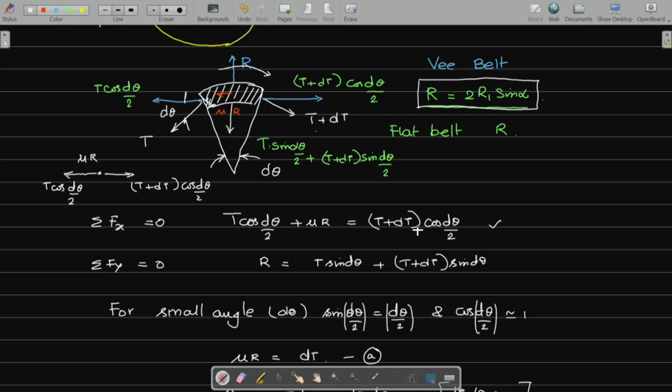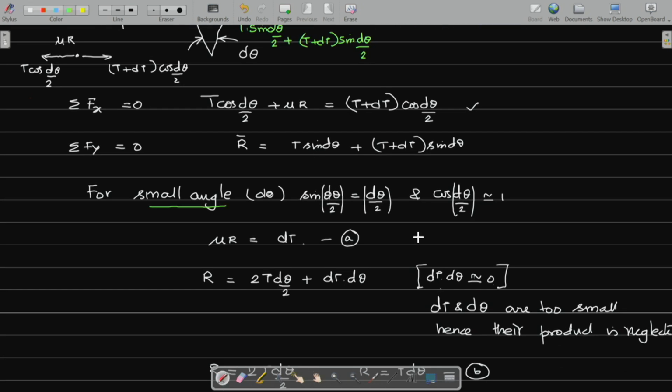And along the vertical direction, the sine components of the tension, T sin d theta by 2 plus T plus dT sin d theta by 2 will be equal to the normal reaction. We will make a small approximation which says that for small angles, sin theta is theta and cos theta is 1.